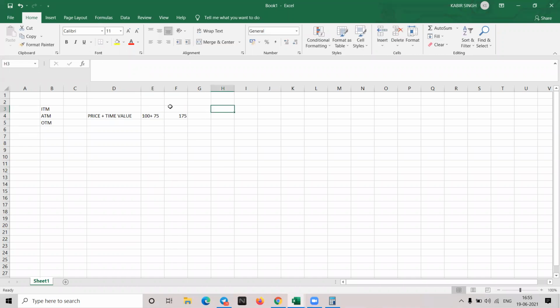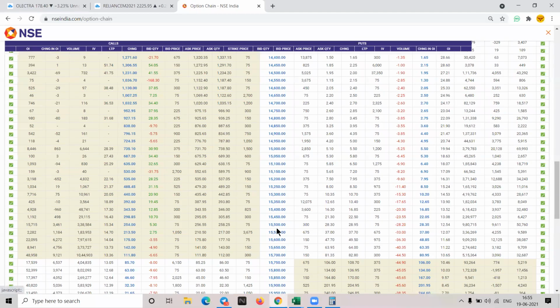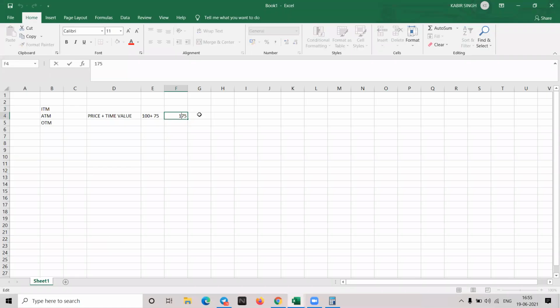This is what the last traded price is, right? At 15,600 strike. Yes or no? Just look here at 15,600. The last traded price of the contract is, sorry, not here. So the last traded price is this 14. Correct? Yes, sir. This 14 will have a certain price value and a certain time value.